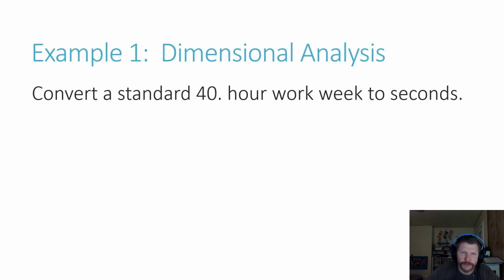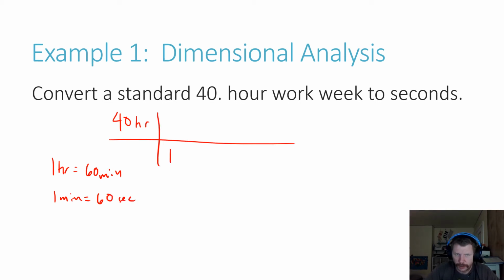Okay, another example here, converting a standard 40-hour work week into seconds. So 40 hours, 1 hour equals 60 minutes. 1 minute equals 60 seconds. That's all that we need to do. So 1 hour. Hours will effectively cancel after I have 60 minutes. 1 minute, 60 seconds.